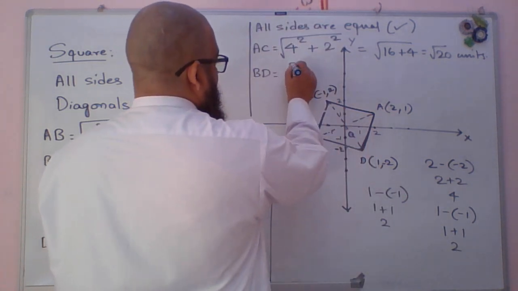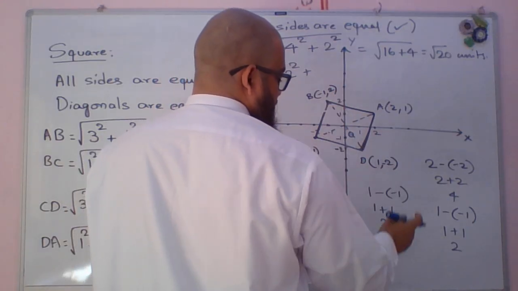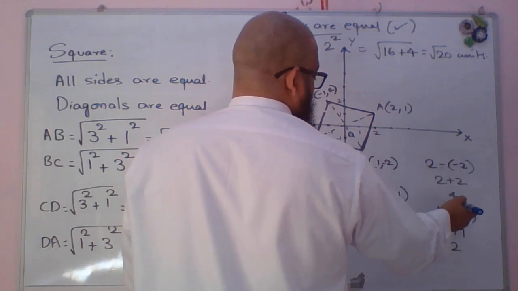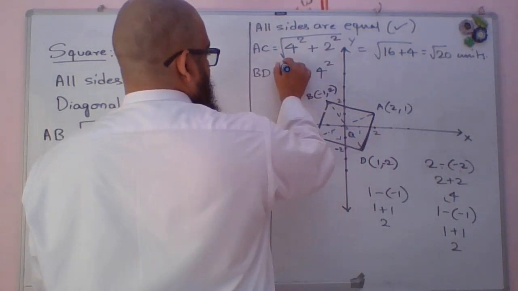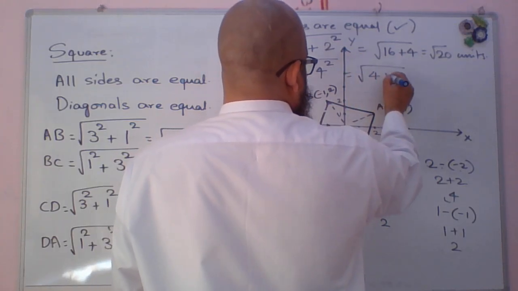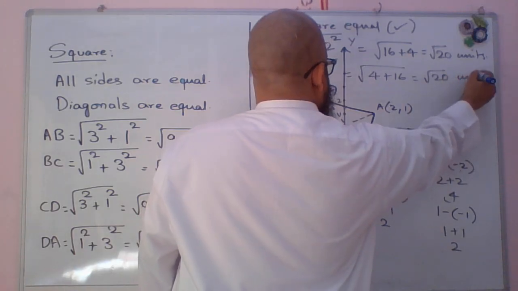So it will be 2 squared plus, and which 2 and minus 2? Which is bigger? 2 is bigger. 2 minus of minus 2, that is equal to 4. 4 squared. That is equal to square root of 2 squared is 4 and 4 squared is 16. That is equal to square root of 20 units.